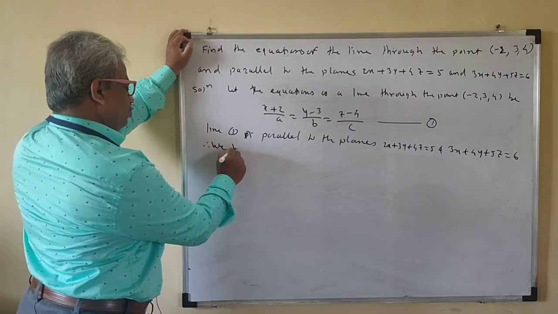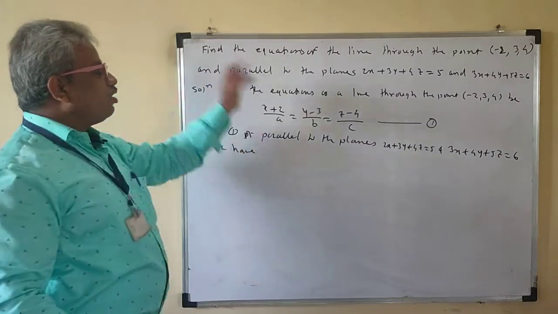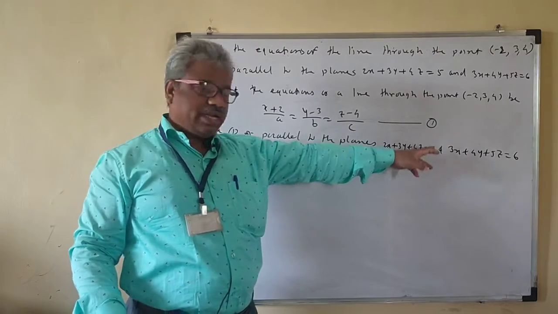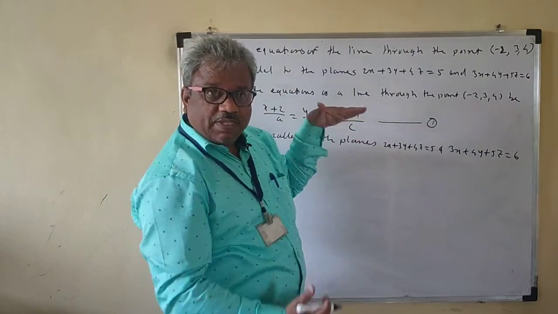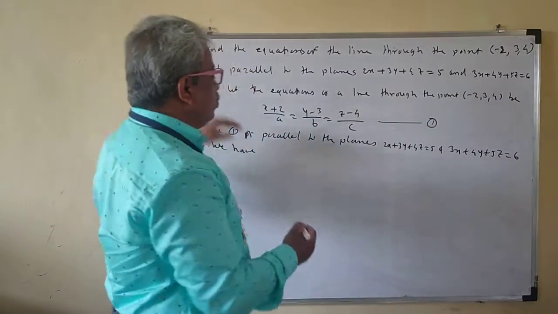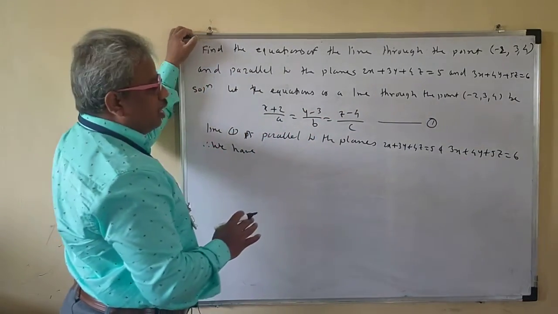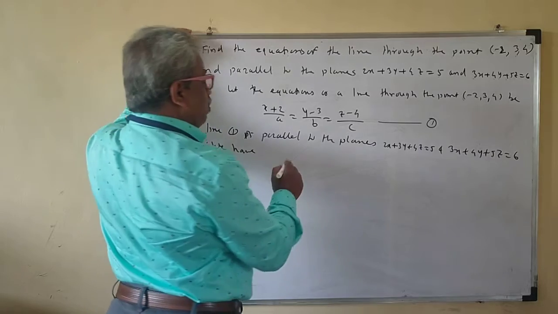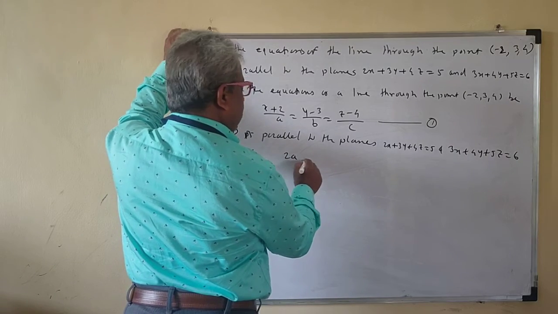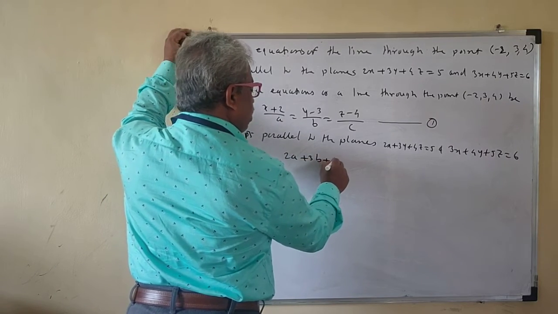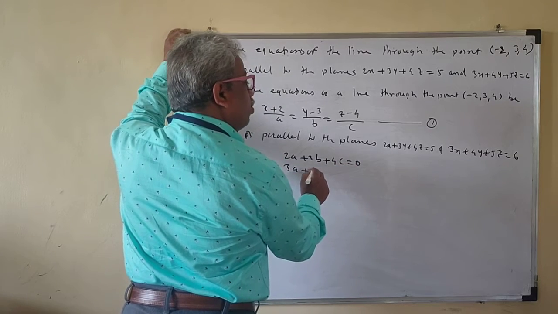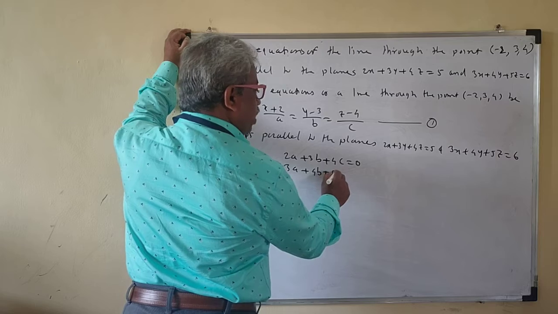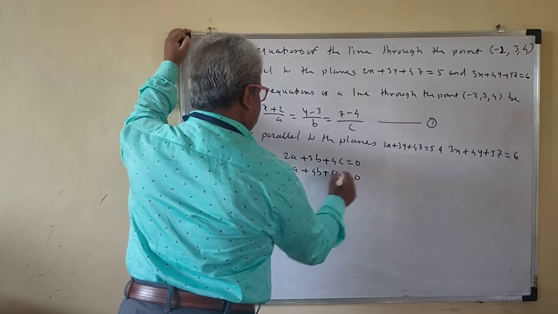Therefore we have, DRs of normal to the plane are 2, 3, 4, and DRs of the normal to this plane are this. The line is parallel to this plane, that means it is perpendicular to the normal to the plane. So just replace x, y, z by a, b, c, forget the constant. Therefore we have 2a plus 3b plus 4c is equal to 0, and 3a plus 4b plus 5c is equal to 0.